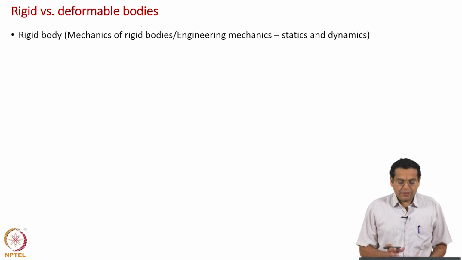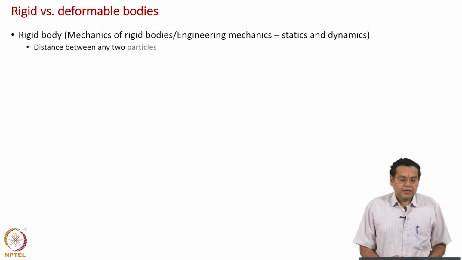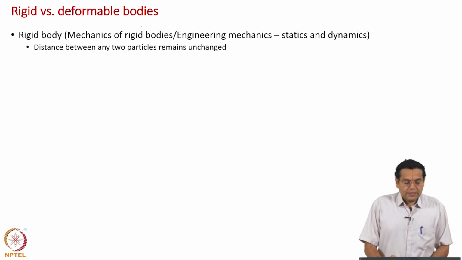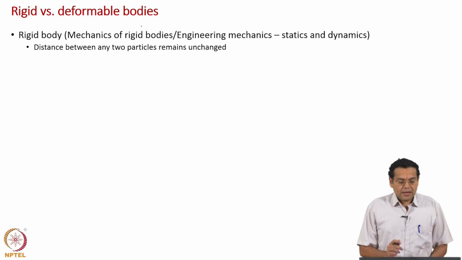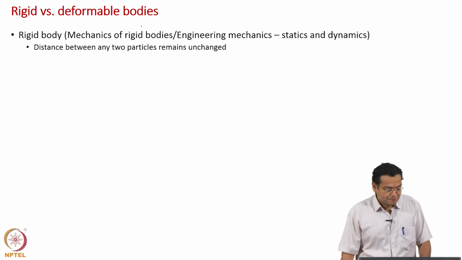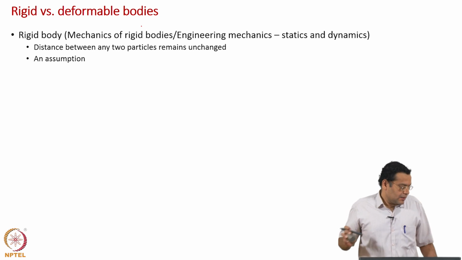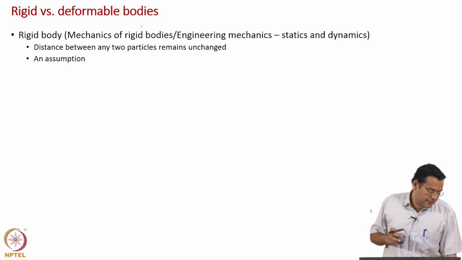Usually the title of the book or the course is engineering mechanics. As the name suggests, rigid body, the assumption throughout that course is that the body you are considering is rigid.